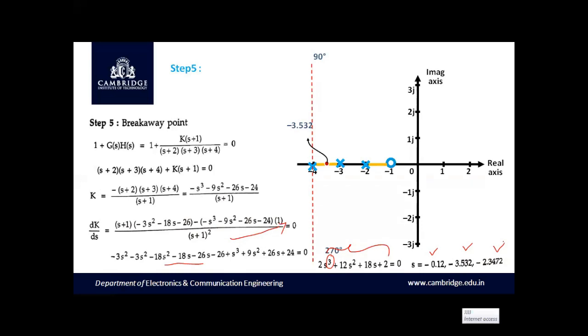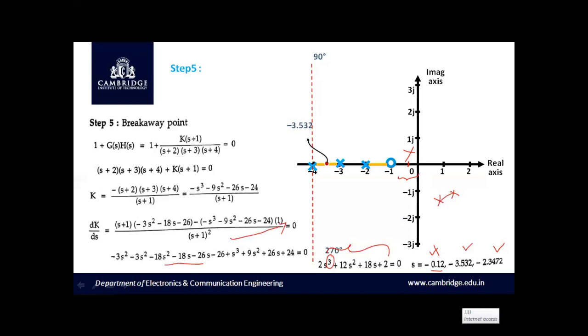If you mark the first breakaway point, it is exactly at minus 0.12, which comes somewhere here in this location. And this is not a valid breakaway point as it is not in the region of root locus, as well as it does not satisfy the condition of being between any two adjacently placed poles. Therefore, it is not valid.